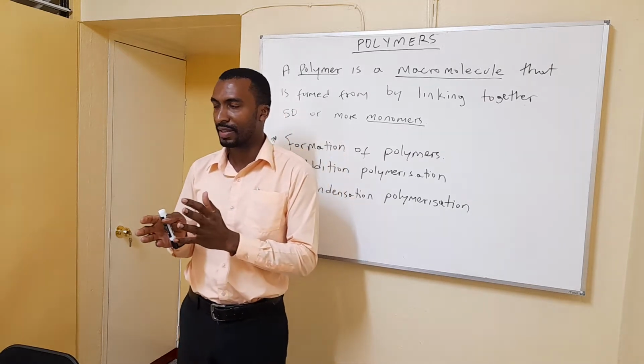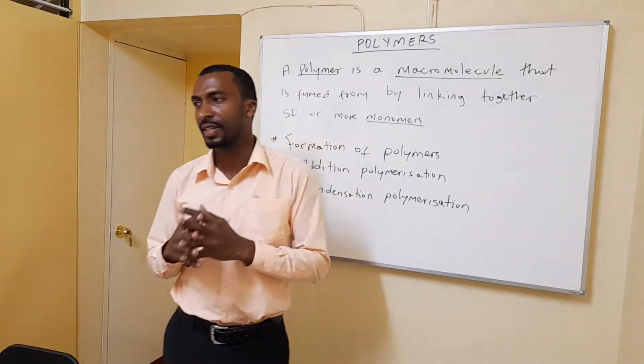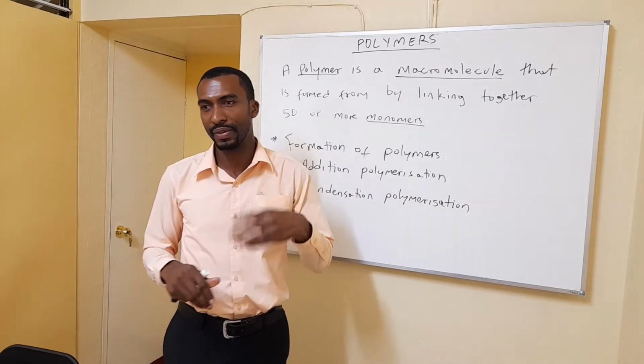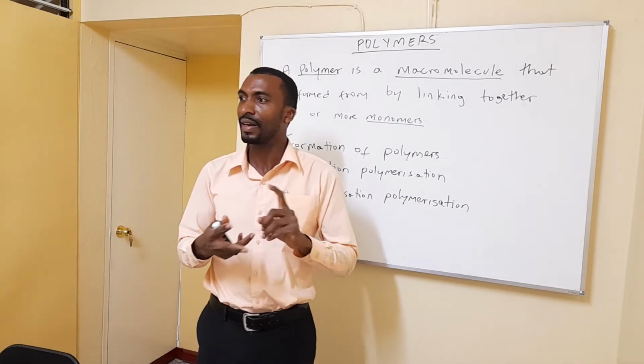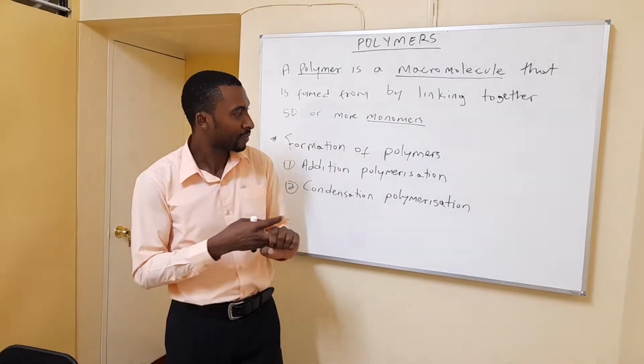That was one of the reactions of alkenes, and several different addition reactions could take place, such as the addition of hydrogen, water, hydrogen halide, etc. If you can recall from last week's class.